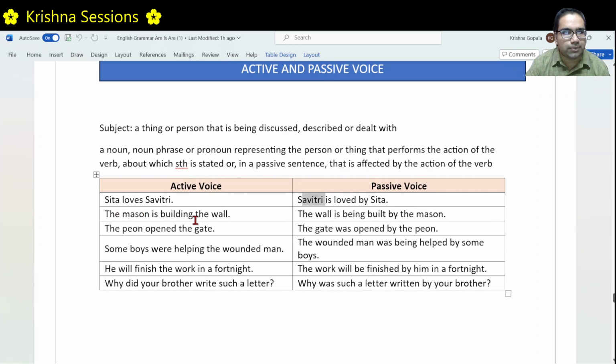Let us look at one more sentence. The mason is building the wall. Here the sentence is about the mason. The mason is a very good worker, or the mason is very skillful, whatever. The subject is mason. Look at the other statement. The wall is being built by the mason. Here, this statement is about the wall.